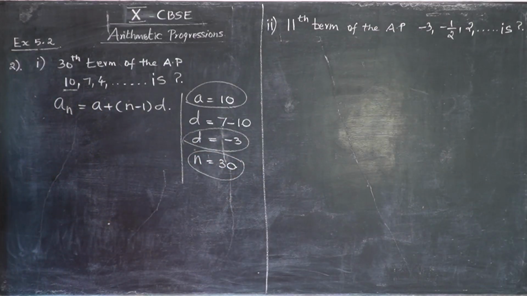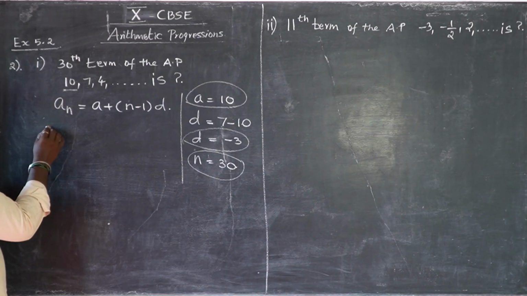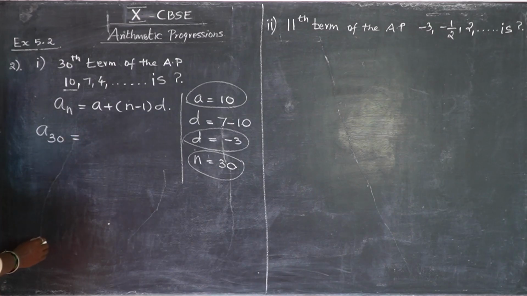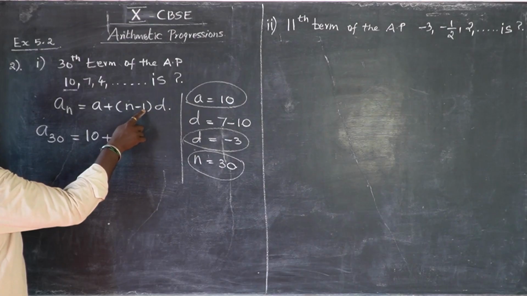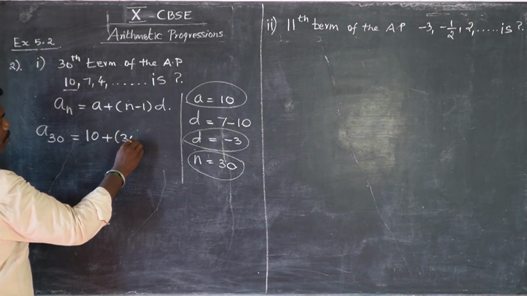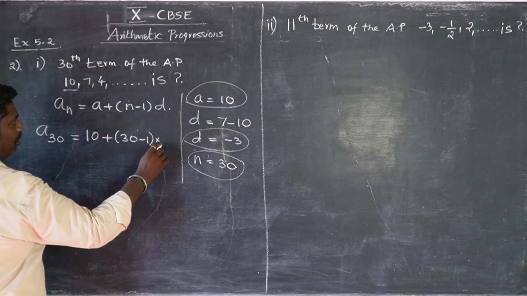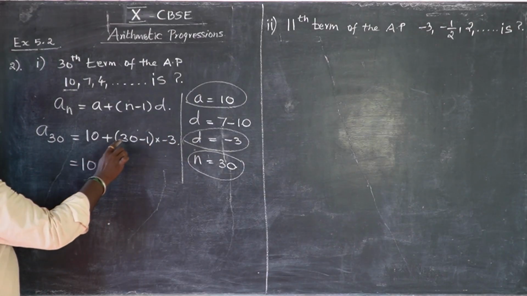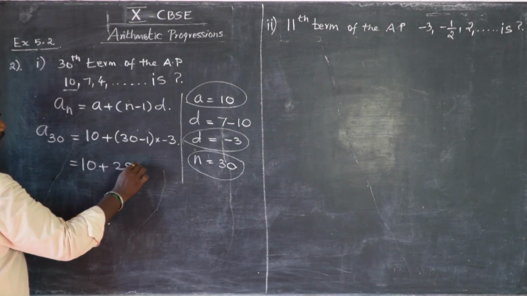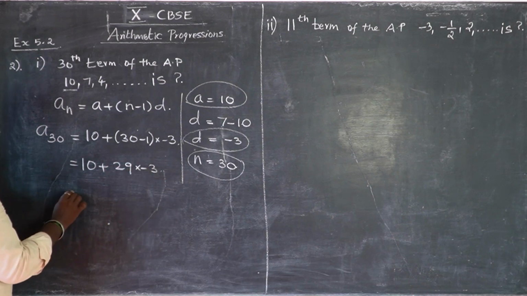Substitute all the values in the formula. So we are going to find the 30th term. So n value is 30. a value 10, n minus 1, 30 minus 1. Common difference is minus 3. 10, 30 minus 1, 29 into minus 3.